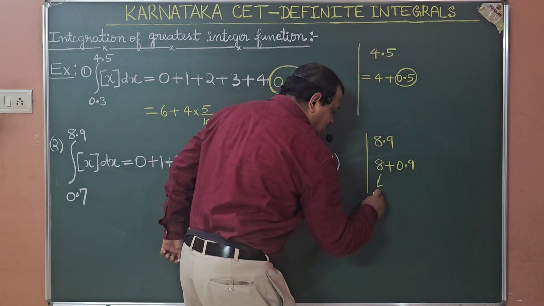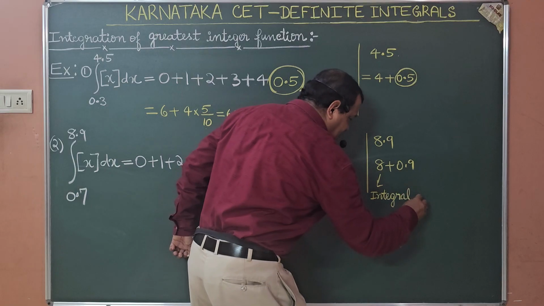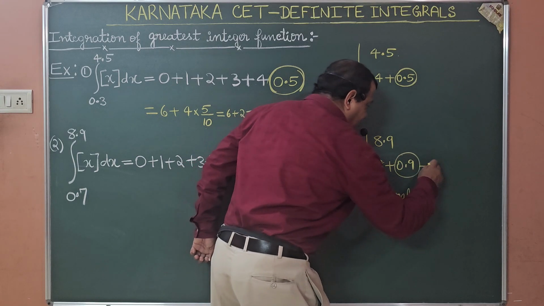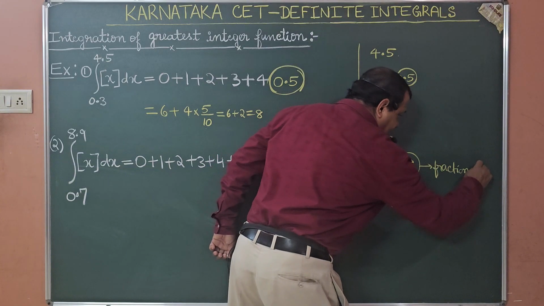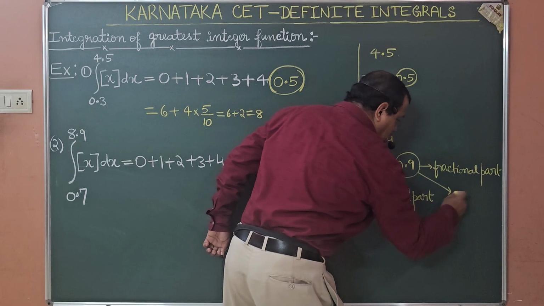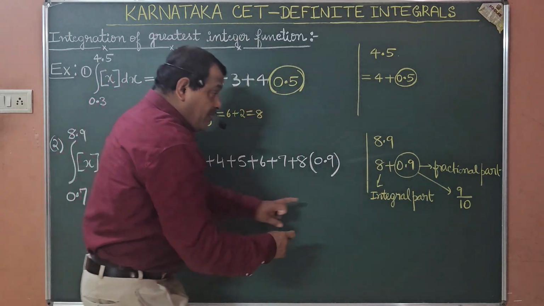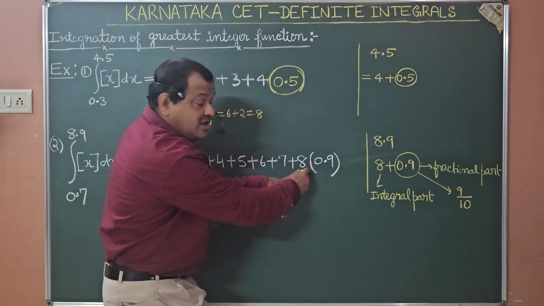So this is the integral or integer part, and this is the fractional part 0.9, which I can also write as 9 by 10, as all of you know, that the fractional part should be multiplied only to 8, the last number.